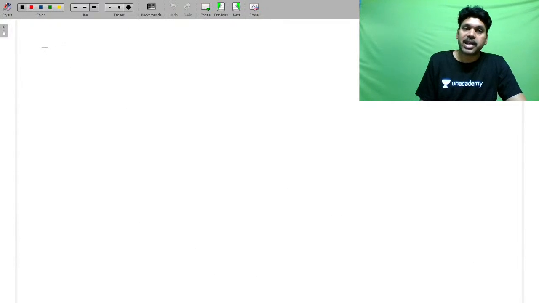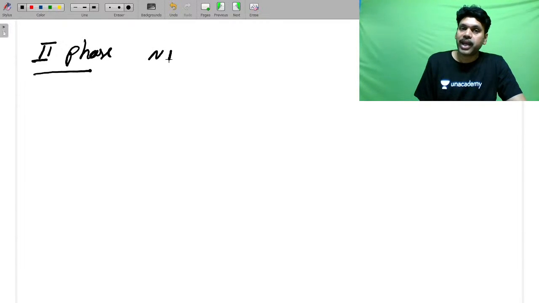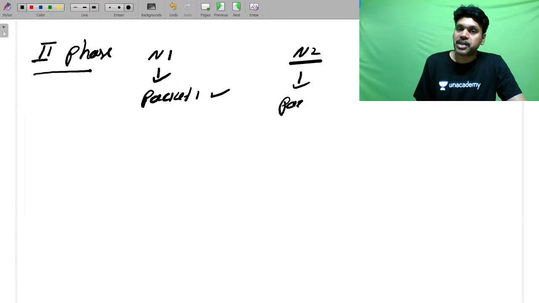So let us see the second iteration, the second phase. N1 packet 1 is a success, but N2 packet 1 is lost and is waiting for retransmission.